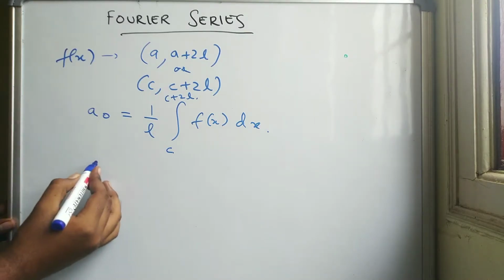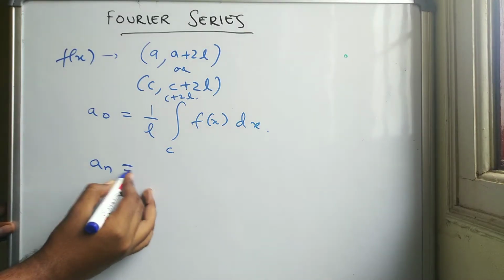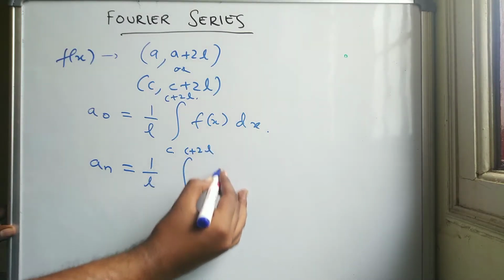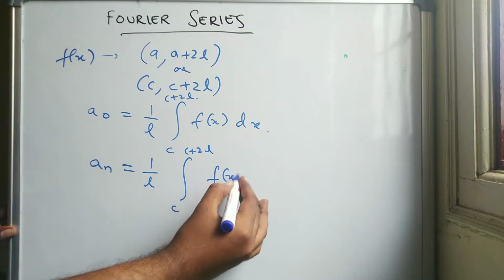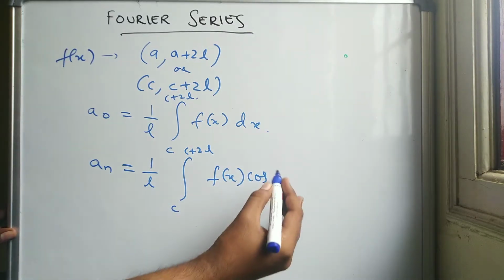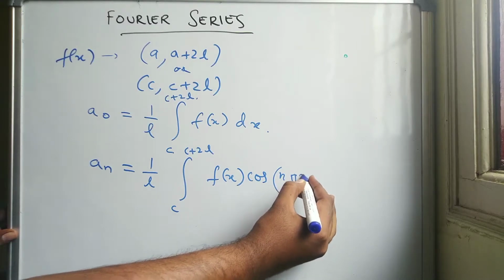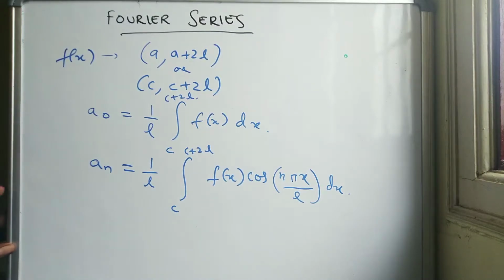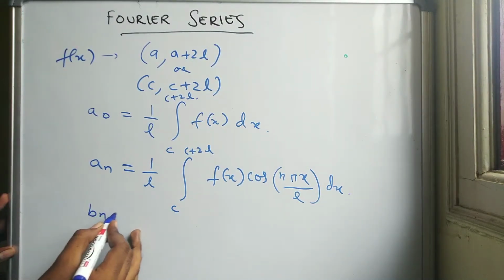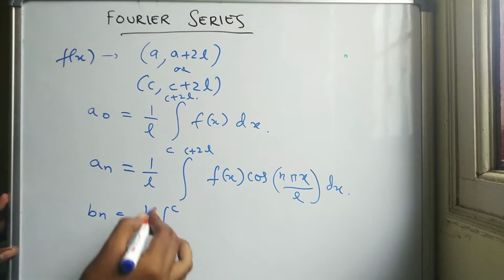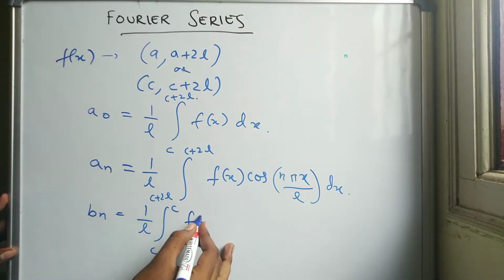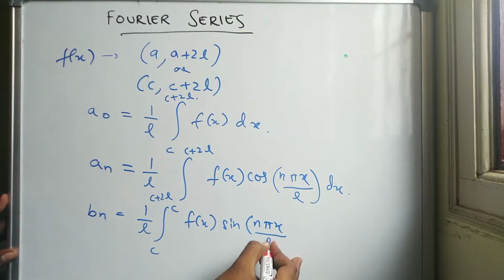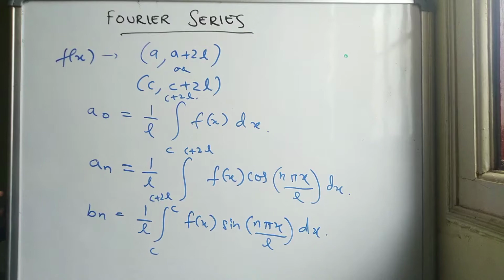Then an we have to calculate, that is 1 by l integral from c to c plus 2l of f of x into cos n pi x by l dx. So what will be bn? bn will be 1 by l integral from c to c plus 2l of f of x, with sine instead of cos, and this becomes the formula.